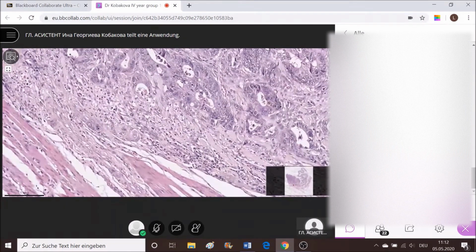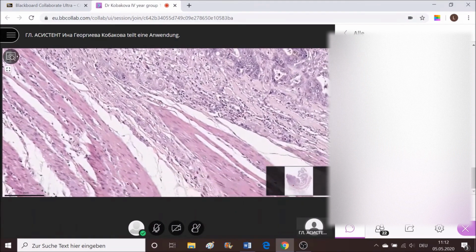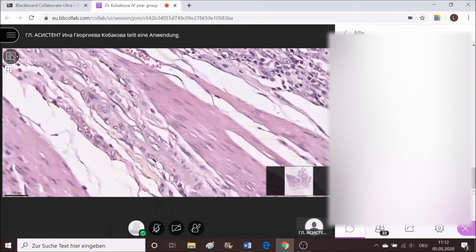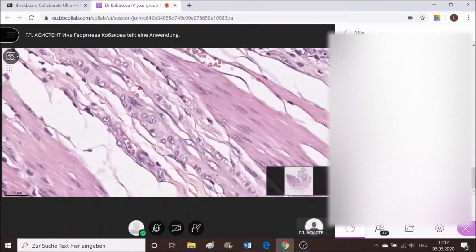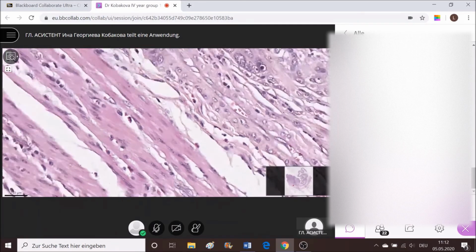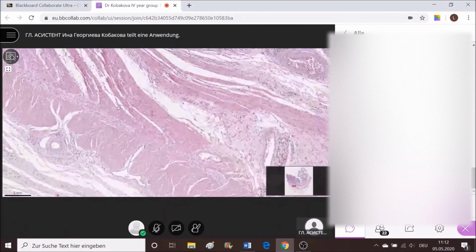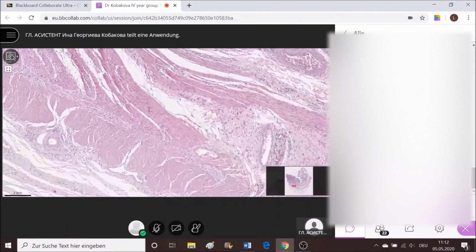Some may detach from the tumor and spread further. Take a look at these here and here. It's spreading through the muscle cells, but not going to the serosal surface under the muscle layer.